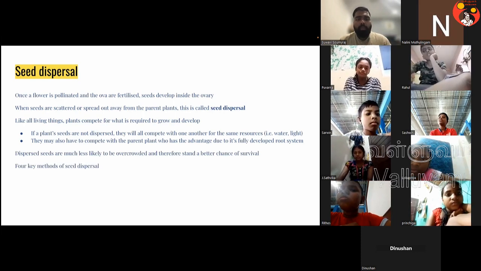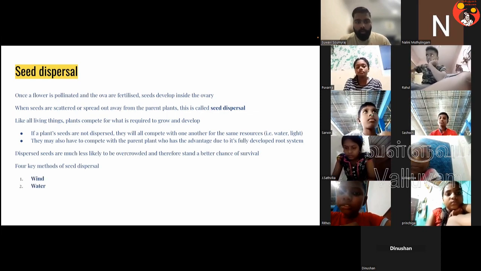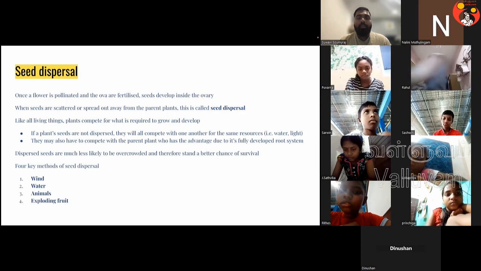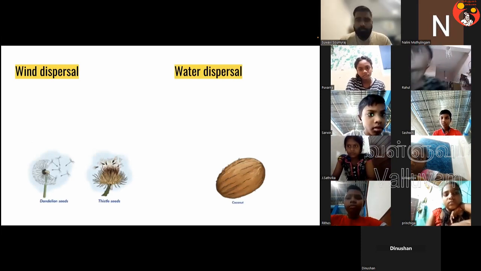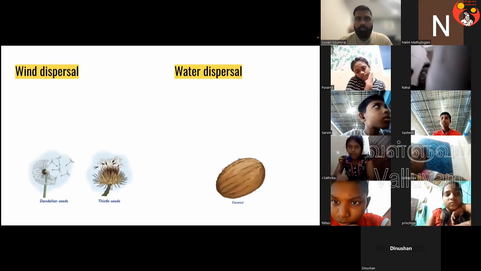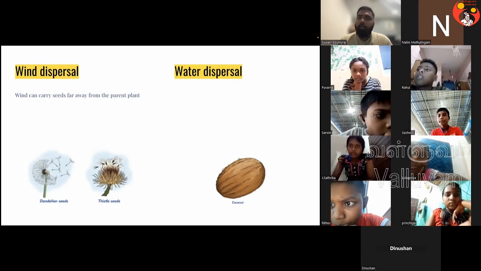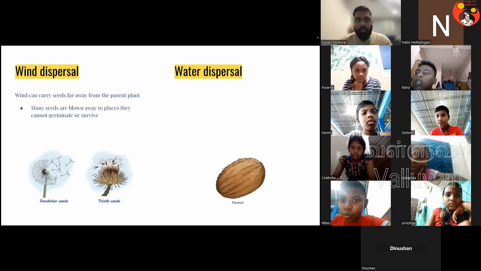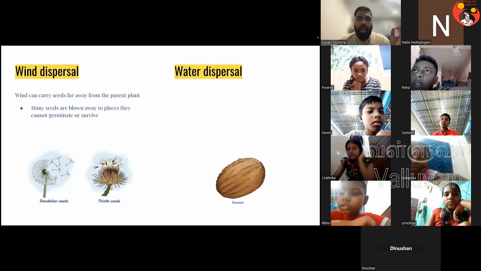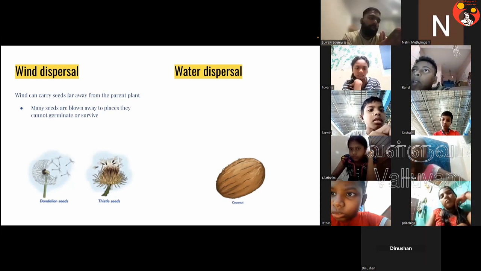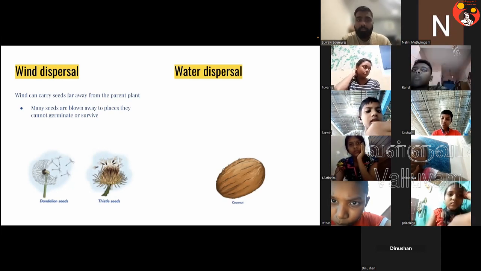Now, there are 4 key methods of seed dispersal. There's the wind, water, animals, and something called exploding fruit. Wind dispersal. Wind can carry seeds far away from the parent plant. So when seeds are blown away, they can either be put into an environment where they can germinate and have the resources around them to survive.